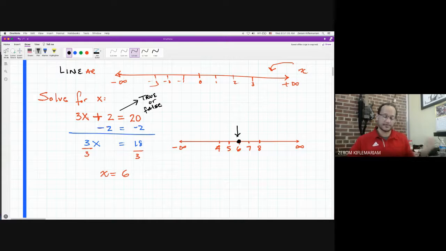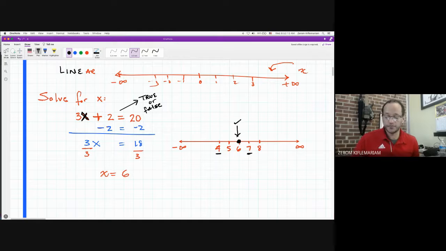The question says the left side is equal to the right side. So if I plug in 4, 3 times 4 is 12, 12 plus 2 is 14, and 14 equal to 20 is false. If I plug in 7, 7 times 3 is 21, 21 plus 2 is 23. Is 23 equal to 20? False. The only one that satisfies this equation is when x is equal to 6, because 3 times 6 is 18, 18 plus 2 is 20. Is 20 equal to 20?